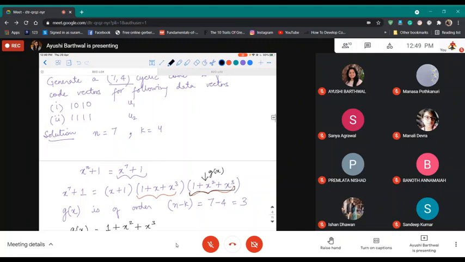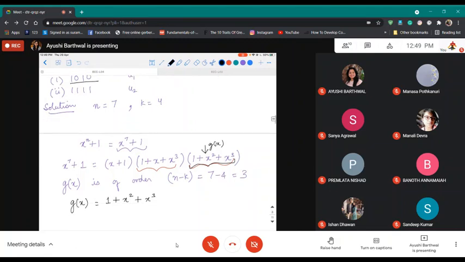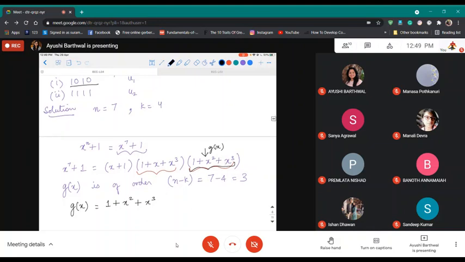And if we have to write down the data polynomial for u1, so u1x can be written as 1010. So let's solve the first part. It is a 4-bit vector, so let me write down the complete formula: u0 plus u1x plus u2x square plus u3x cube.